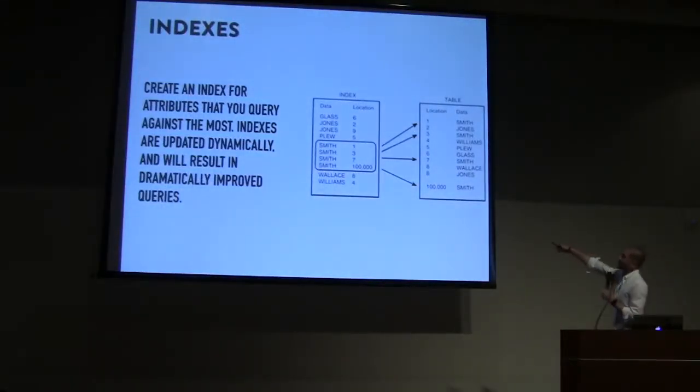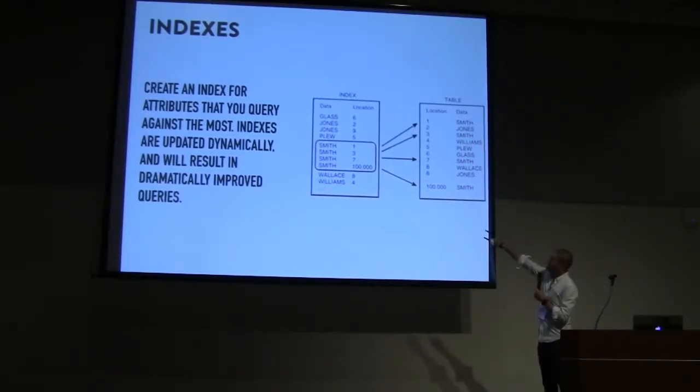So this was an example of an index. Create an index for attributes that you query the most. Indexes are updated dynamically and will result in dramatically improved queries. In this case, I have a table, and it just shows how an index works. You have data: Smith, Jones, Smith, Williams, Plew, Glass, Smith, Wallace, Jones.